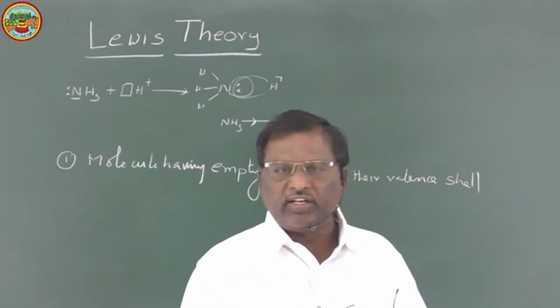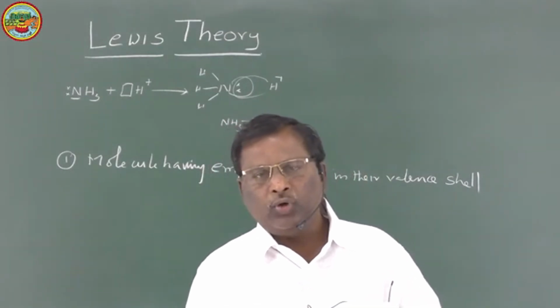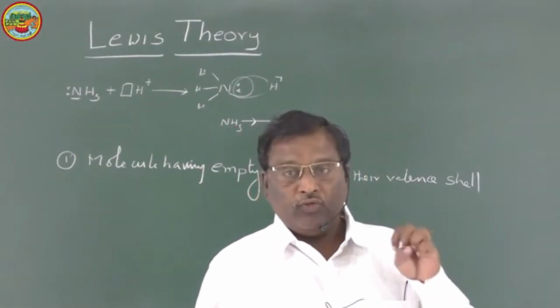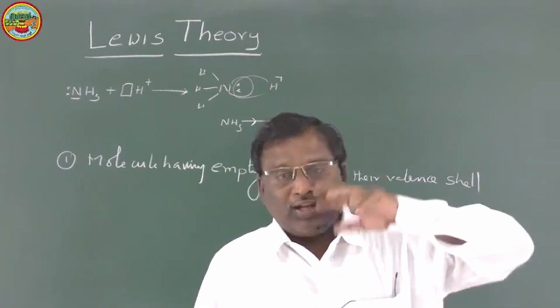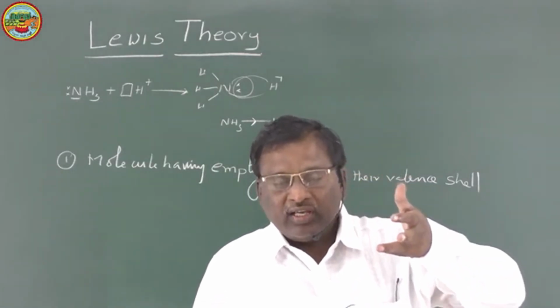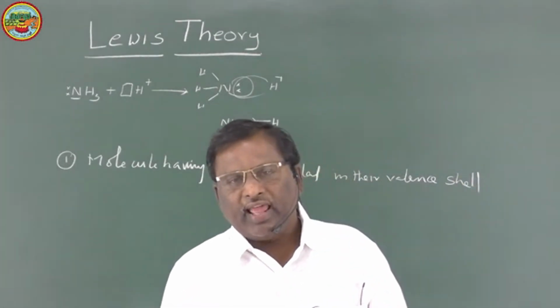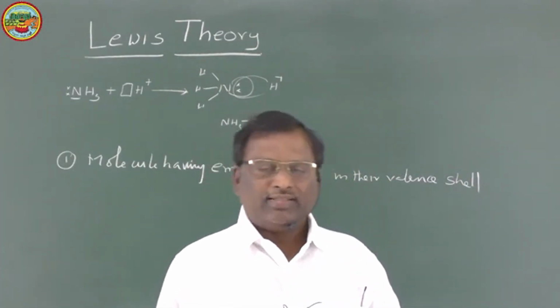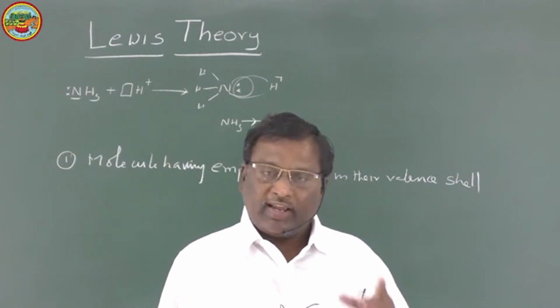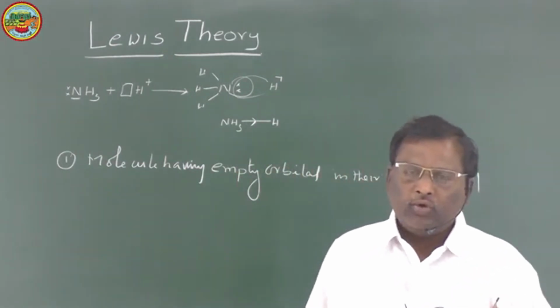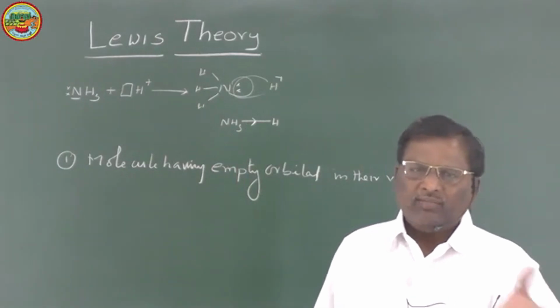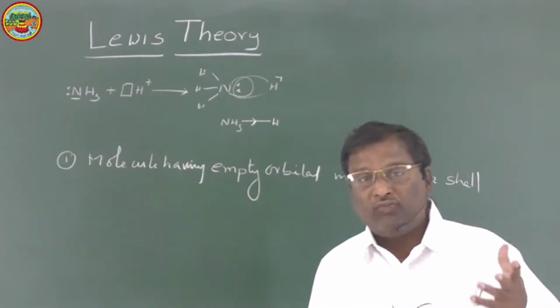What are electron deficient compounds? Electron deficient compounds are compounds which, without octet configuration, are stable, and such substances can act as Lewis acids. We know that according to the octet rule, a molecule is stable when its central atom and surrounding atoms have octet configuration.